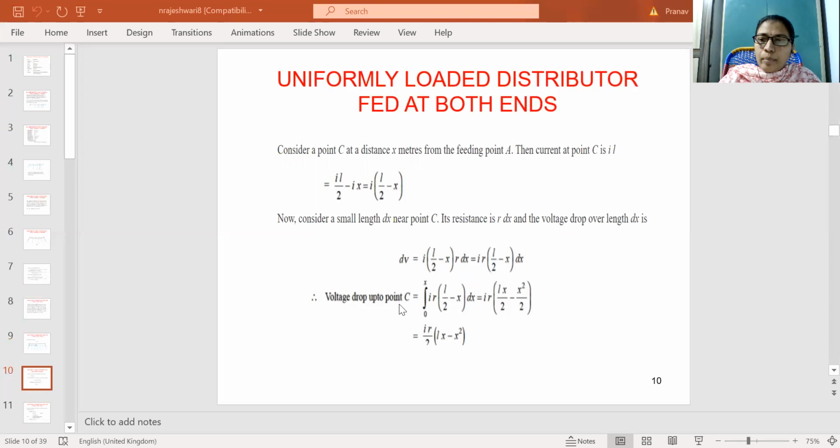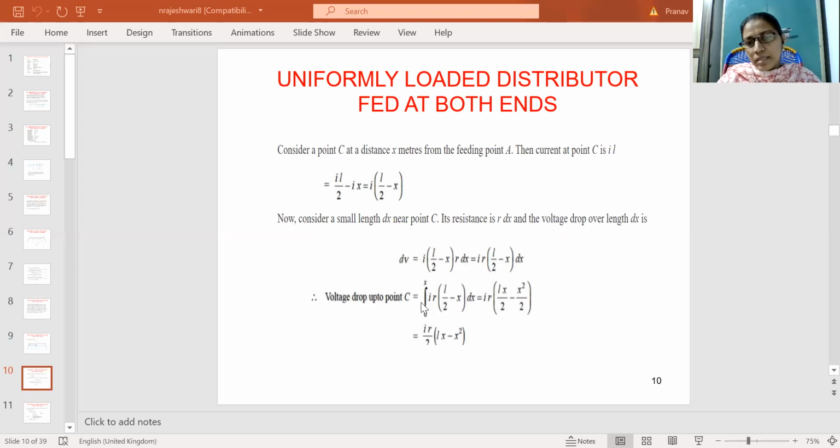So voltage drop up to point C is given by the integration over 0 to x of IR into L by 2 minus x into dx. By applying integration to this term, we finally get IR into Lx by 2 minus x square by 2, because for dx the integration is x, for maximum x minus 0, so Lx by 2, and for x it is x square by 2.